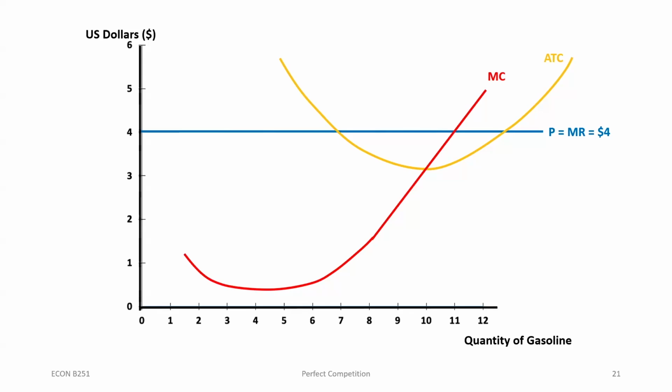So I want to try to get these at the same point. So we're roughly here. Here's my average total cost. Here's my marginal cost curve. And initially, we had the equilibrium price or the firm's marginal revenue up here. Okay. We identified what profits were.